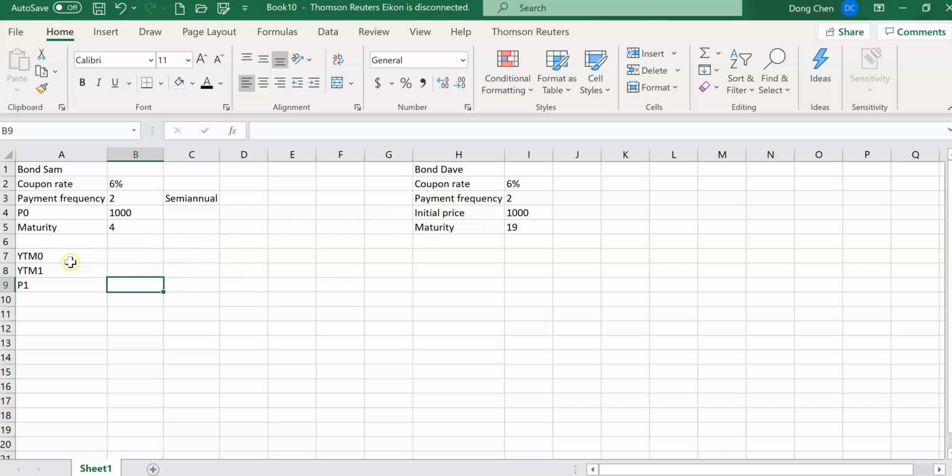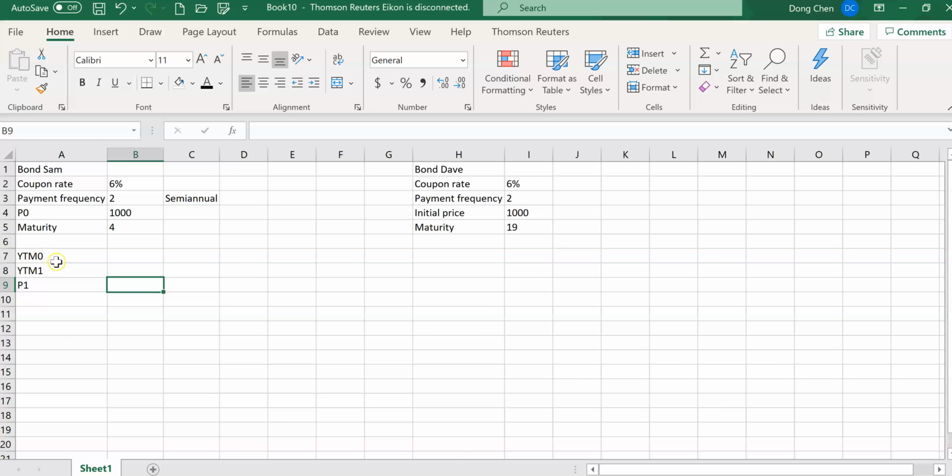Even without calculation, we know that one of the 4 important relationships on bond valuation, I think it's the second one, is that if the price is the same as the par value, then the yield to maturity should be the same as the coupon rate.